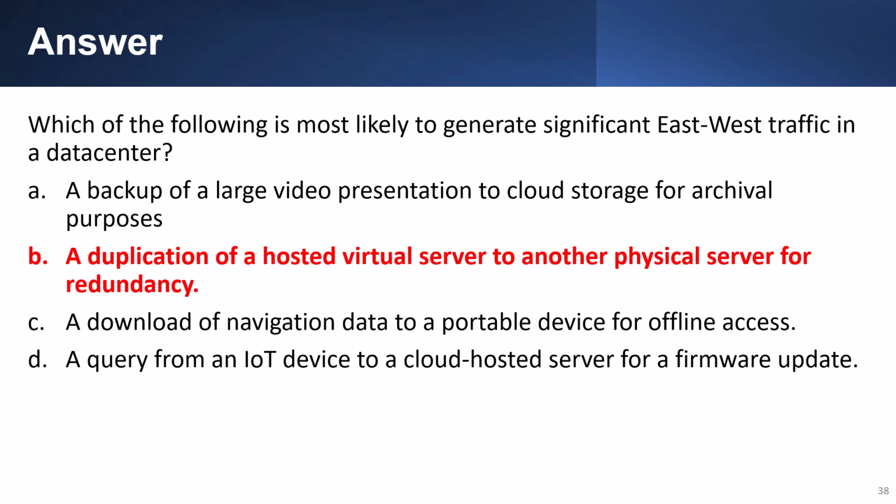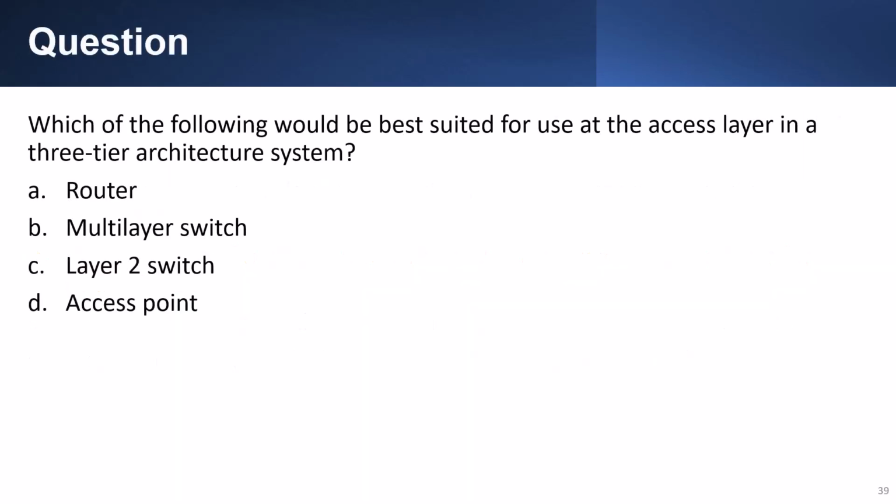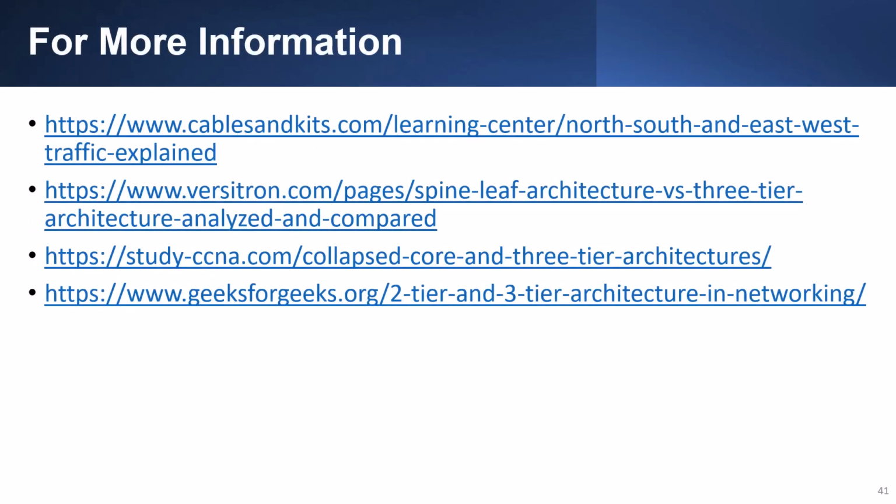Question: Which of the following would be best suited for use at the access layer in a three-tier architecture system? Answer: Layer 2 switch. For more information, refer to these sites.